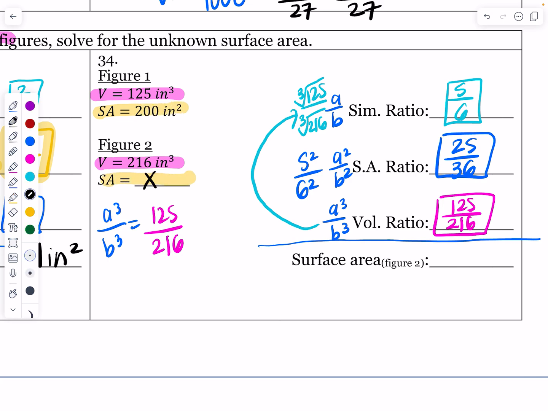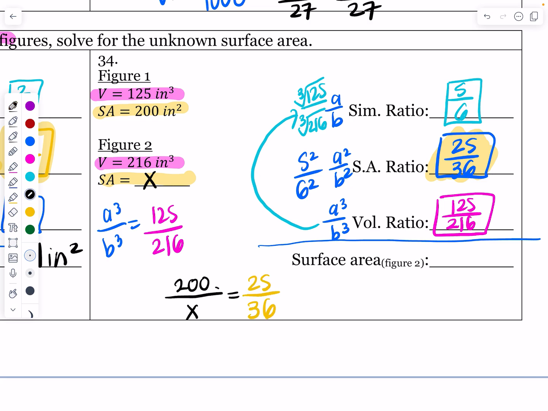You could use any variable you want, but my 5s and S's look a lot alike, so I'm just going to do an X. So the surface area of 200 of the original over the original bigger surface area should be equal to the surface area ratio. Well, which one is that? That is going to be this one. So we're going to set that equal to 25 over 36. Again, we're just going to cross multiply.